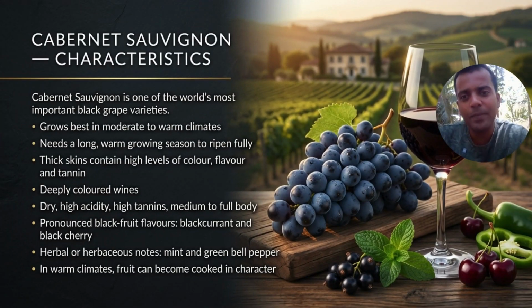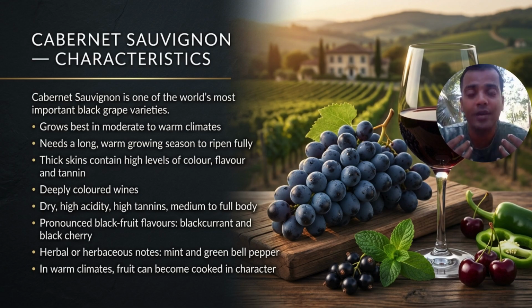So what are the typical characteristics of the Cabernet Sauvignon grape variety? Cabernet Sauvignon is one of the world's most important black grape varieties, as we discussed in the previous slide. It grows best in moderate to warm climate conditions in order to ripen fully.